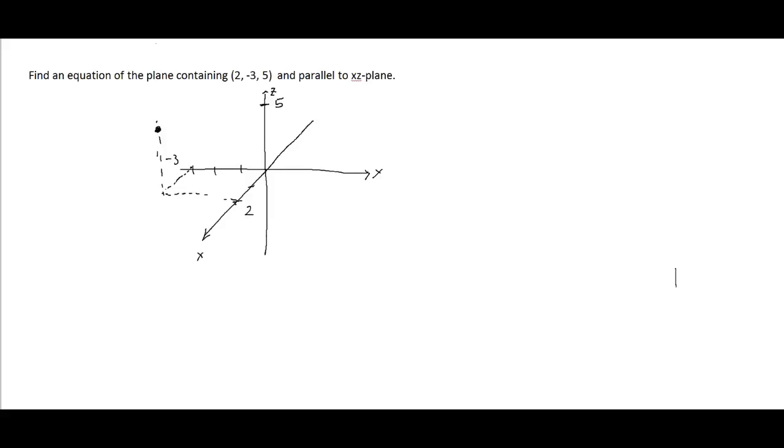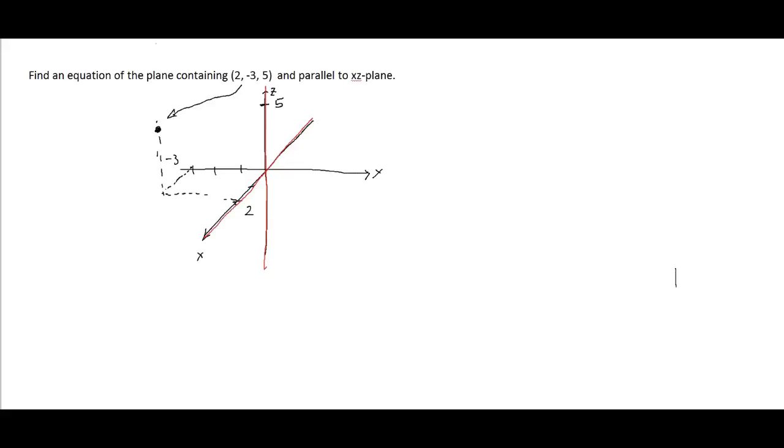Okay, so the plane that we're considering has to be containing this point 2, negative 3, 5, but needs to be parallel to the xz plane. So it's parallel to the plane that is containing the x-axis and the z-axis.